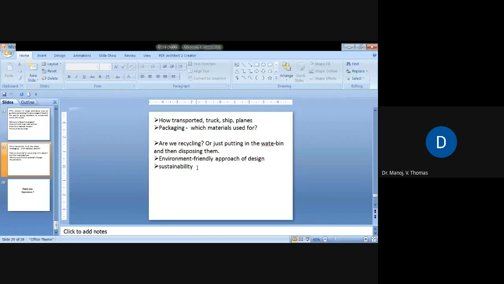So that is the aim of environment friendly design, life cycle design. So that is the idea of life cycle design. So I think this is clear.